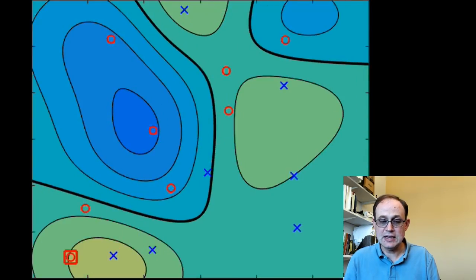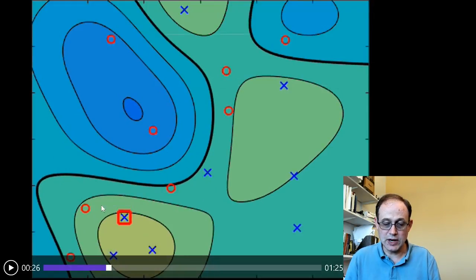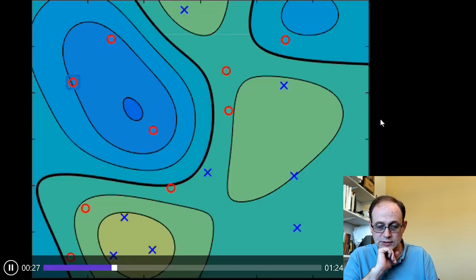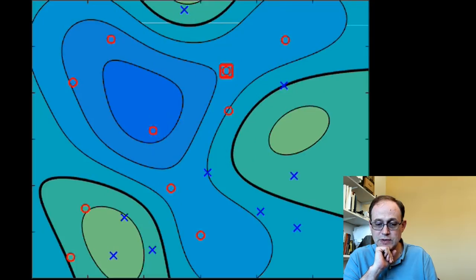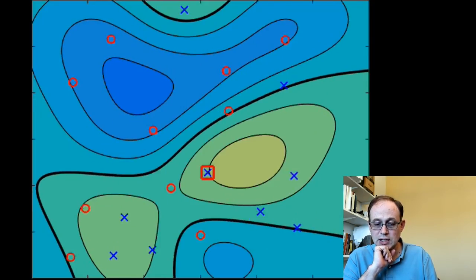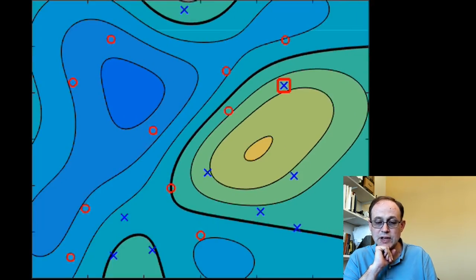You can see that if we pause now, we're actually doing a pretty good job of having the discriminant function be positive on the positive examples and negative on the negative examples. Let's continue playing this. By the end of the video, we will have managed to get all of these examples classified correctly, meaning the discriminant function will be positive on the x's and negative on the o's.